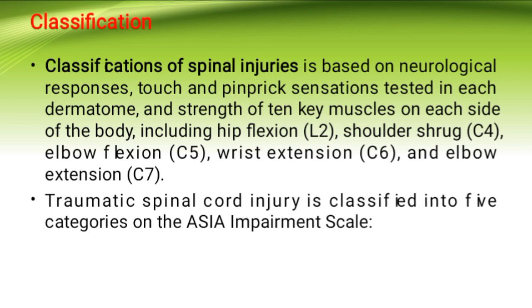So L2, the lumbar 2 vertebra, is where hip flexion is done, and then from there we get shoulder shrug at C4. So that's at the shoulder, the cervical vertebra 4.